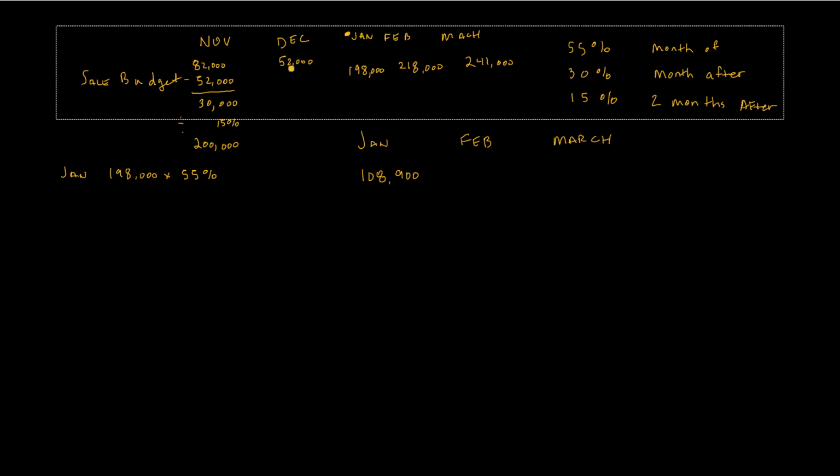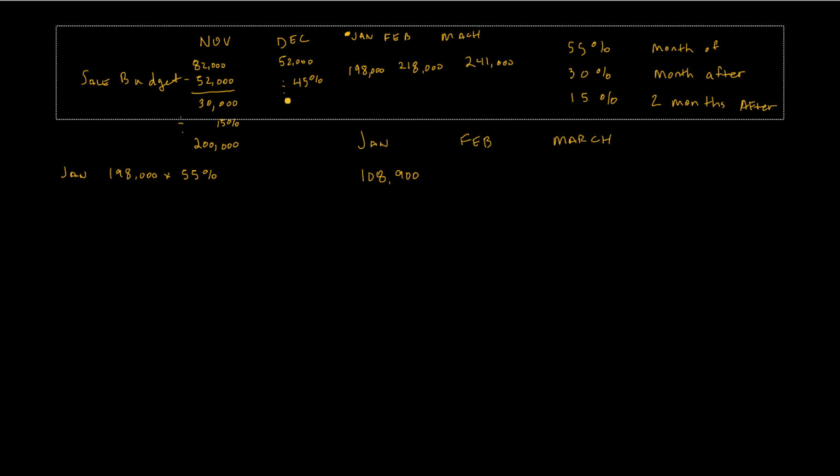We know that we've already collected 55% of December sales, right? 30% of those sales will be collected in January. 15% of those sales will be collected 2 months after the sale, which would be February. So we still have 45% of this that needs to be collected, right?